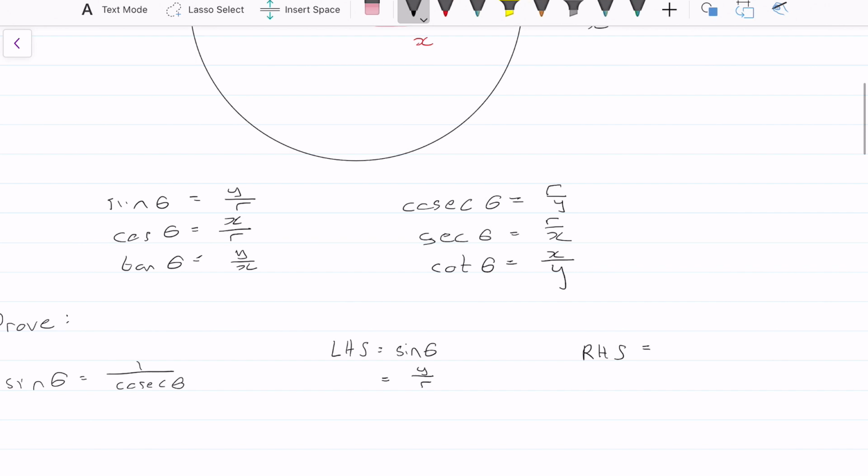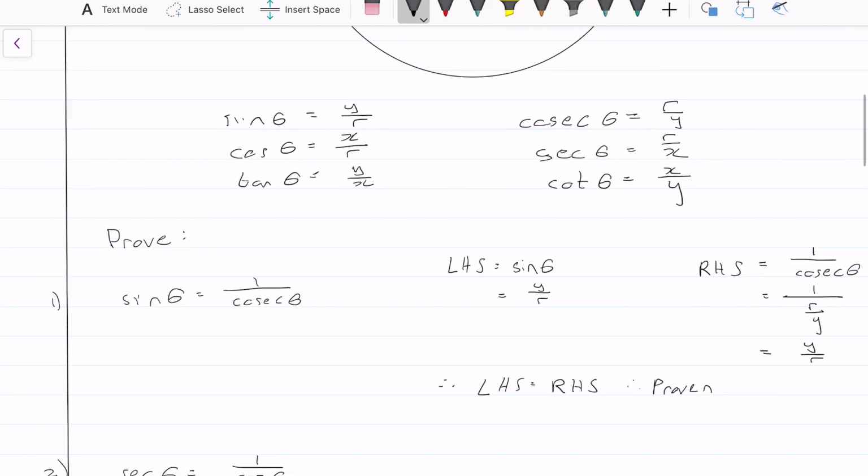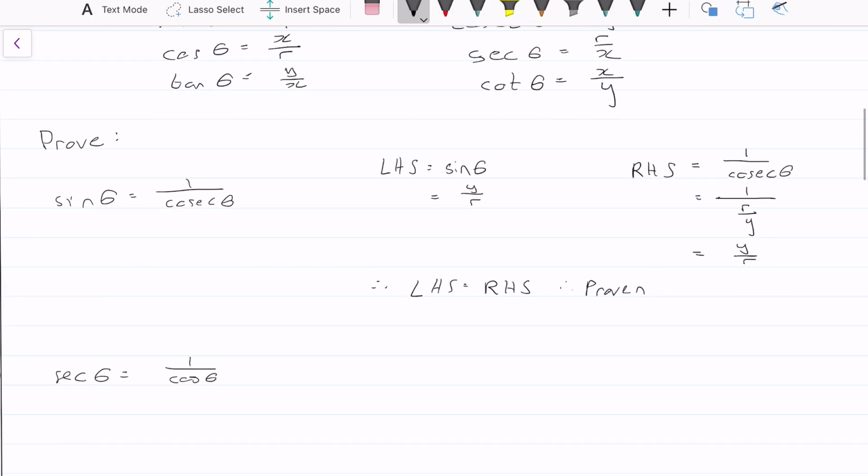The right hand side is equal to 1 over cosec theta, which is 1 over r over y, and then that's 1 over y over r. So we can see that our left hand side equals our right hand side, and so we have proven the identity. You basically go about every single question like that.